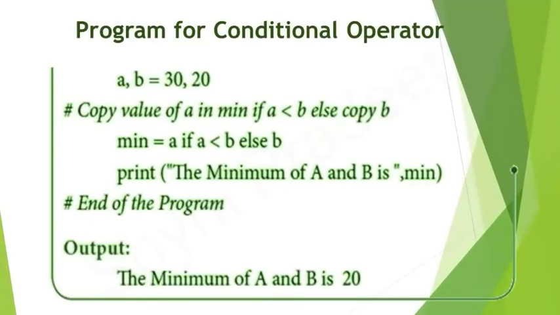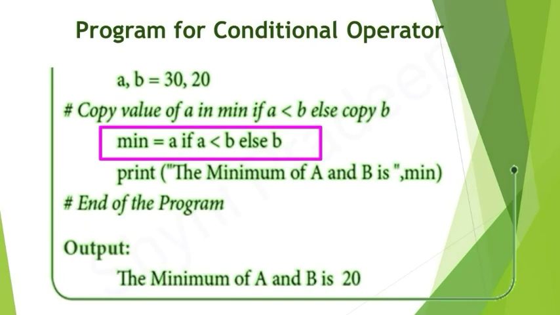Let us see one program. Two variables, a, b = 30, 20: 30 for the a variable, 20 for the b variable. Conditional expression: min = a if a < b else b. This is the variable name, this is the true value, this is the condition, and this is the false value.